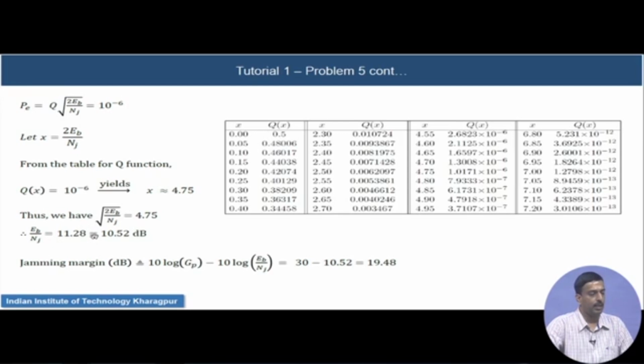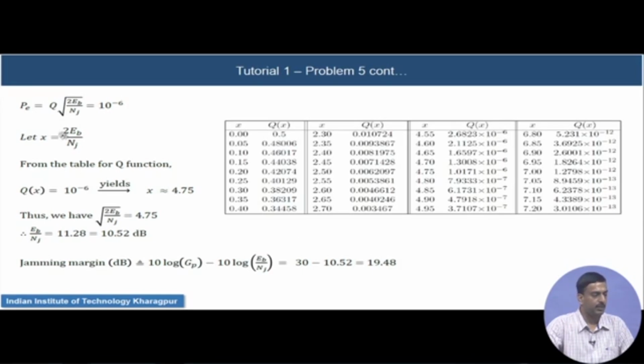So we find out from this that E_b/N_J is equal to 11.28, and in dB terms it is 10.52. The jamming margin is, by definition, in dB terms, the difference between the processing gain in dB and the ratio of E_b/N_0, or N_J as the case is, in dB, and we now subtract the two quantities to get the final result.